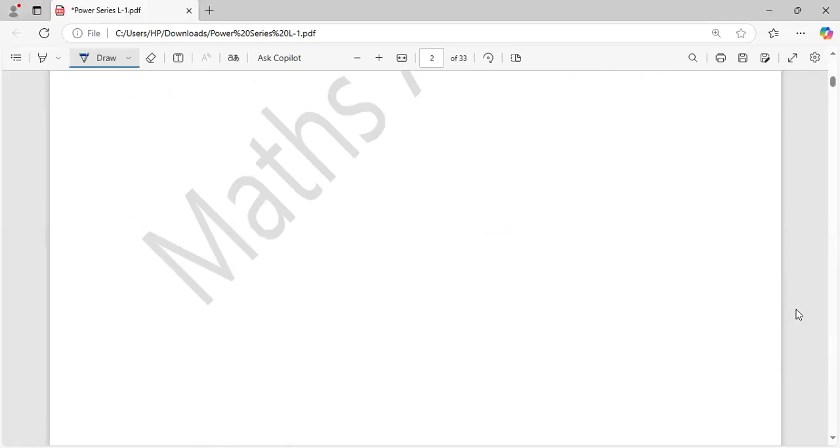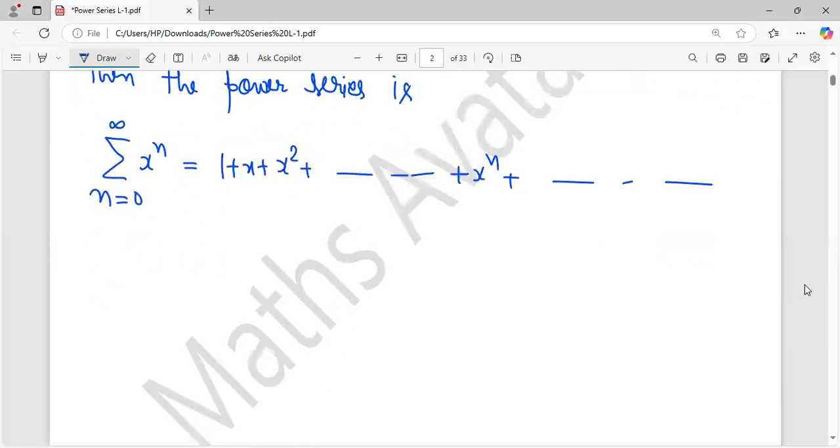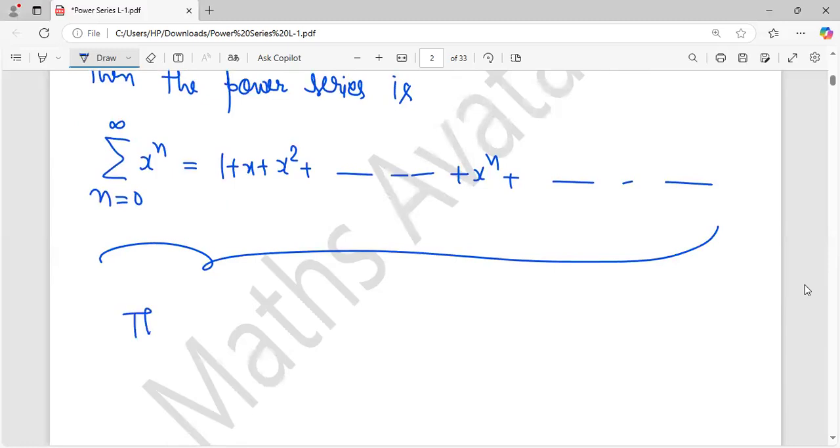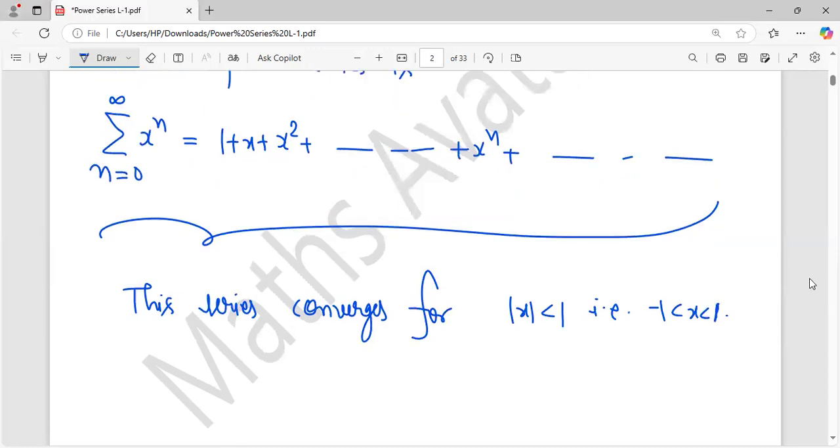So we know this series converges, it means x will be in this range. We already know this from our 12th standard knowledge.